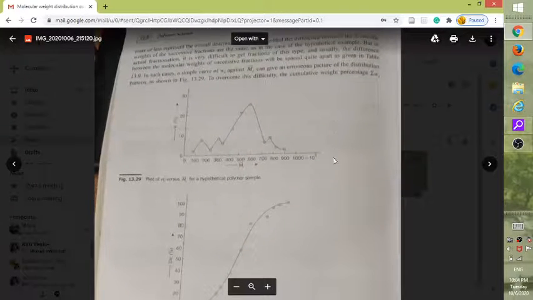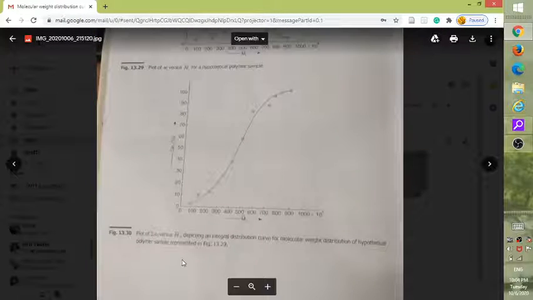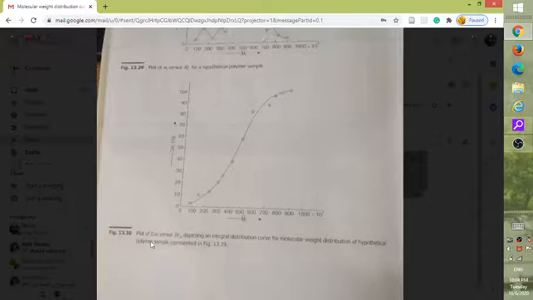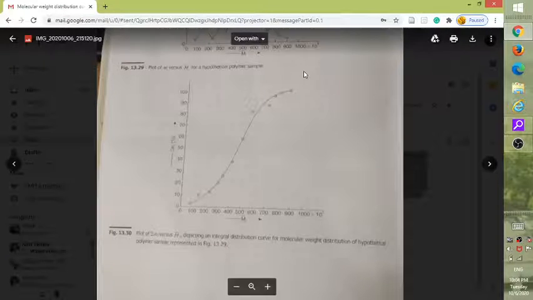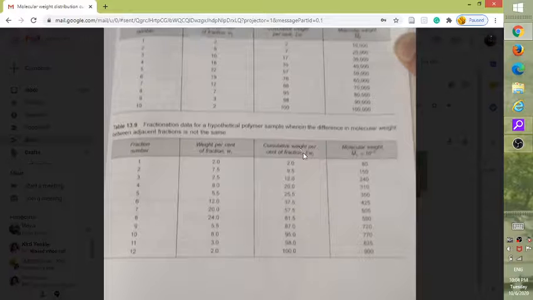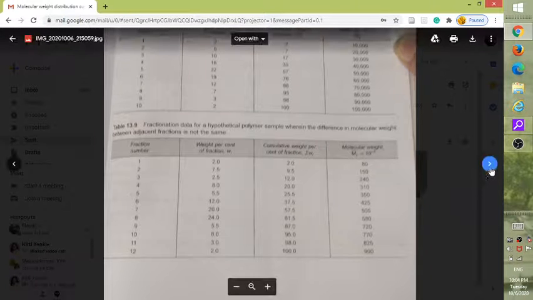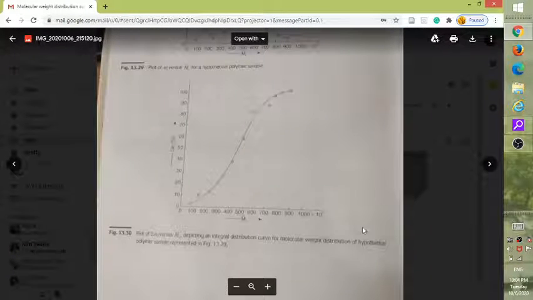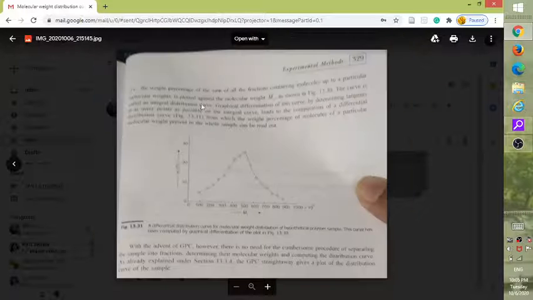So what we do, we plot the cumulative Wi versus Mi, depicting the integral, so we get an integral distribution curve. Here the cumulative weight percent is plotted on the y-axis, third column. The integral distribution curve of molecular weight distribution of the hypothetical polymer sample is represented in 13.29.